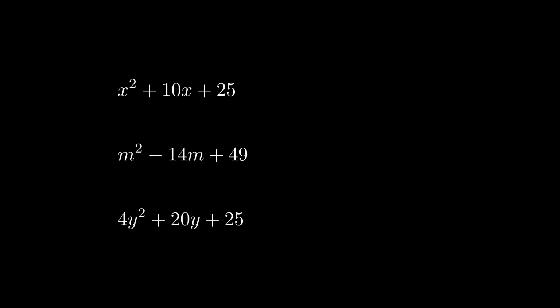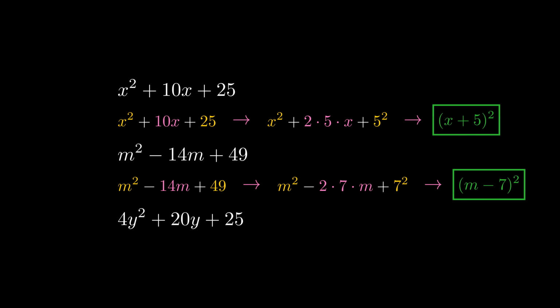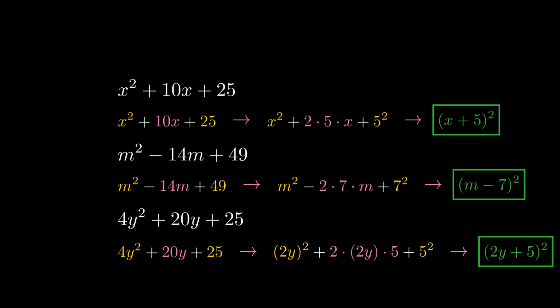Each time check: first term square, last term square, middle term equals 2ab.